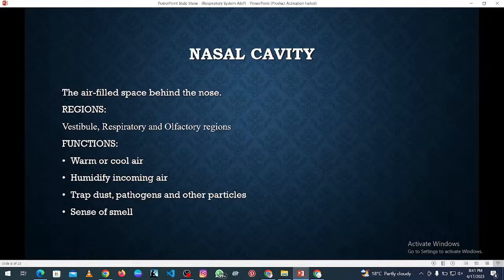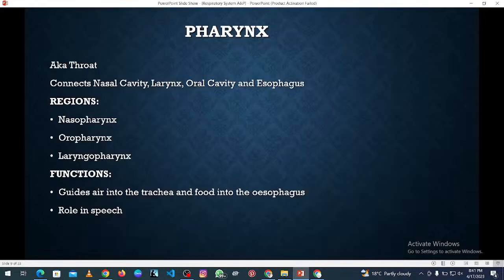Humidifying simply means moisturizing. And then trapping dust, pathogens, and other particles. The hairs and the mucus partly help in that. So this protection is done in a physical manner and also in immunological ways. We'll see how this protection is done immunologically in the trachea. Sense of smell I've talked about.